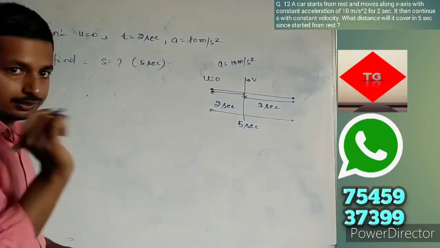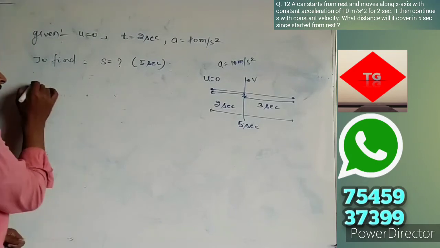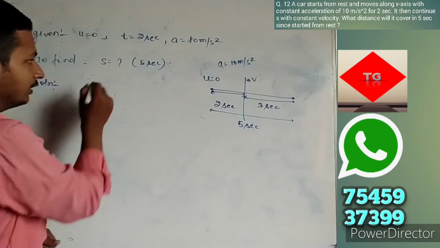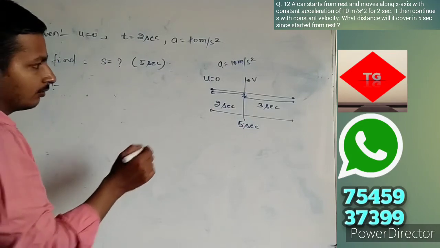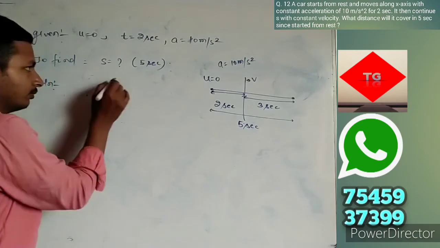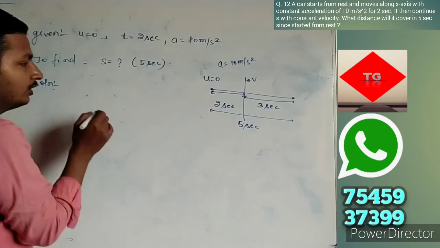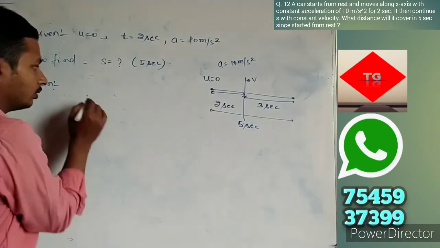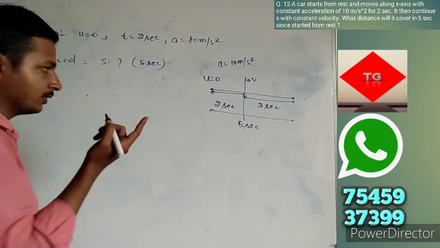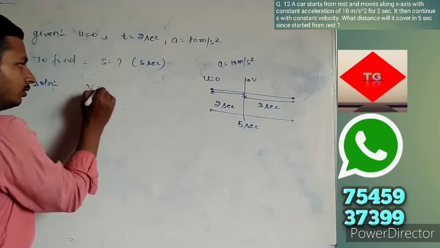And the solution will be: first of all, to find the distance, you have to find the final velocity. The final velocity will be given by Newton's first equation of motion: v is equal to u plus at.